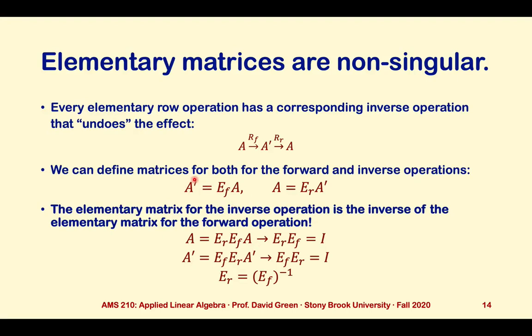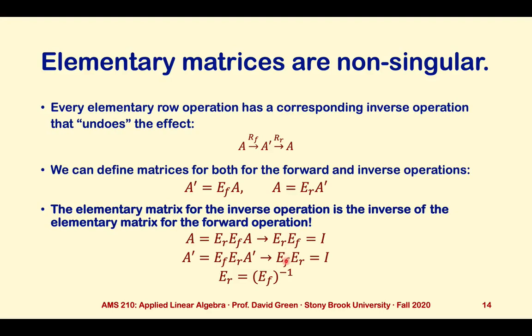Similarly, A prime equals E_F A, substituting in this value of A gives us A prime is E_F E_R A prime. E_F times E_R must be the identity matrix. We have two matrices that multiply with one another to give the identity matrix, regardless of the order.